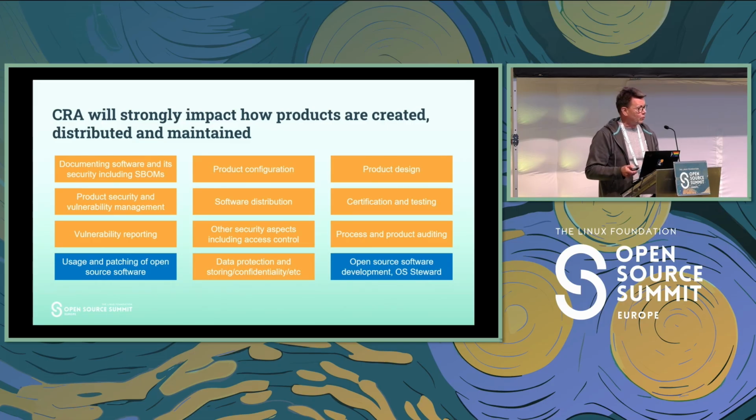You need to report the vulnerabilities to the official bodies, ENISA is one, but there are going to be other bodies that need to be informed as well. The whole pipeline of how you build your product, where you get your components, the third-party part of the software and all that is included, and it's the manufacturer's responsibility.